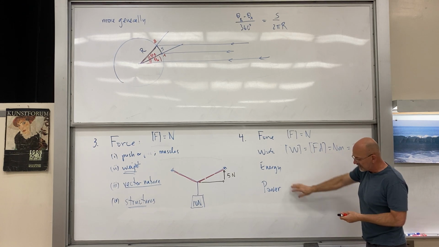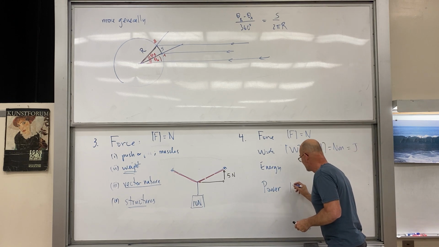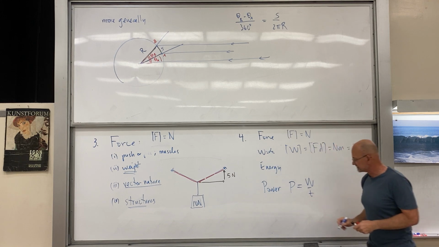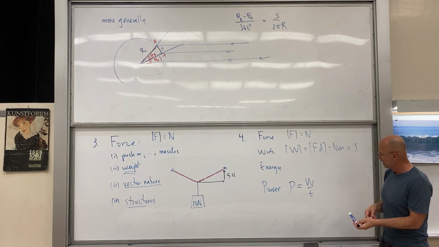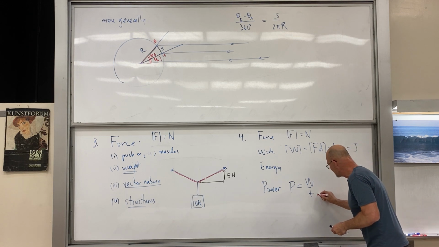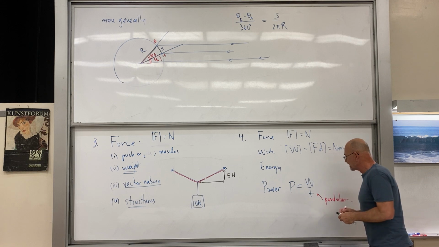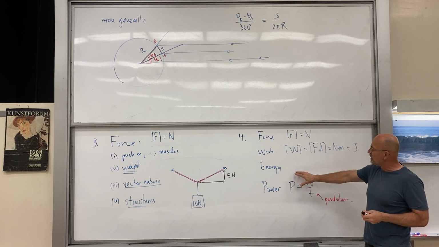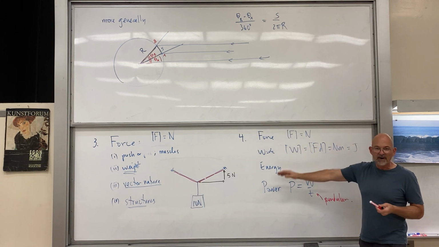Capacity to do work and power, we have power was work over time. To talk about time, we had the pendulum clock, so I'll just write the pendulum. And the period of the pendulum, the time it takes, and then we had the grandfather clock, which gave examples for everything here.